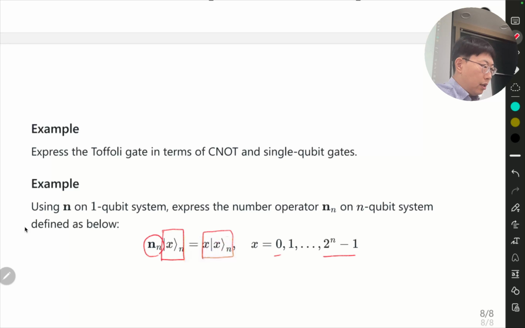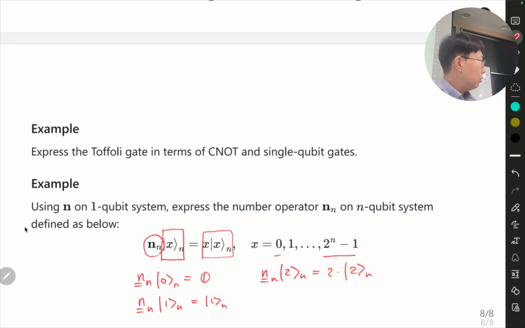So basically, number operator on n-qubit state acting on ket 0 gives you the 0 vector, and number operator on 1 gives 1. And how about 2? So 2 is 2 times 2. So 2 here basically means that you have all 0, but the last 2 qubits are 1 and 0, right? And so on. So you move on like this.